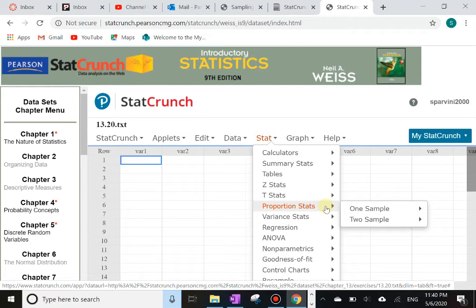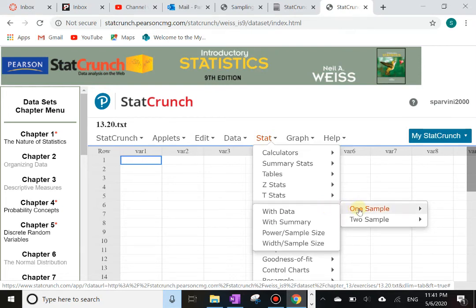Let me show you something. In Section 1, we have one sample, right? Later, we're going to have two samples, but for now, one sample. In all of Chapter 12, any section, you're going to have summary data. You're never going to see the actual raw data. So it's always going to be summary data for Chapter 12.